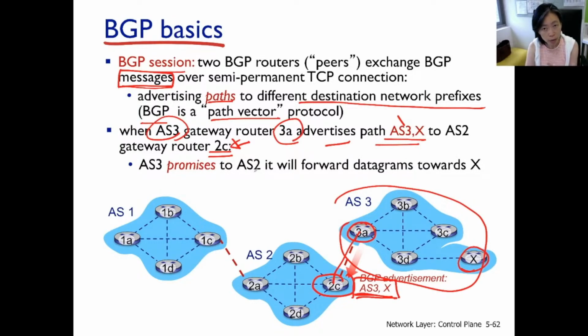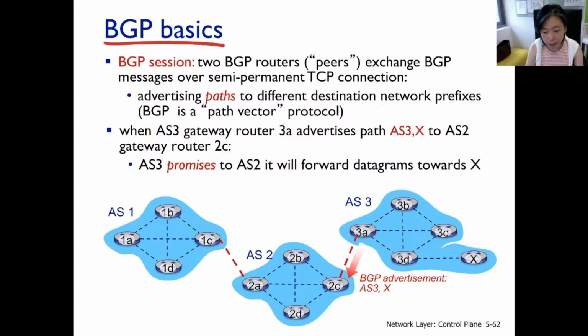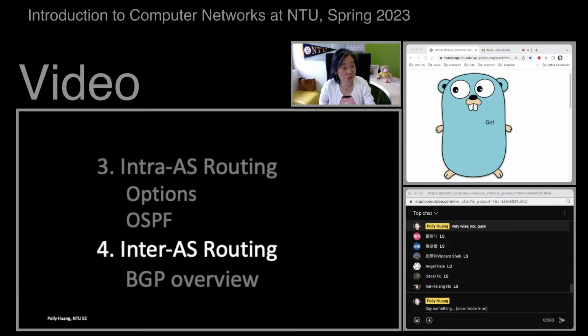When AS3 does this, it's also saying that AS3 promises AS2 to relay packets on behalf of AS2 so that it can reach destination X. All right, so that's one example of BGP working.